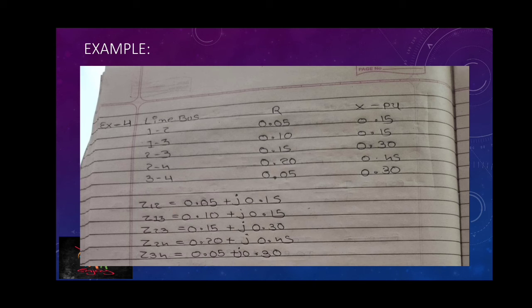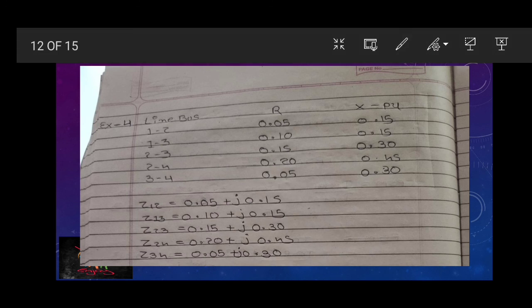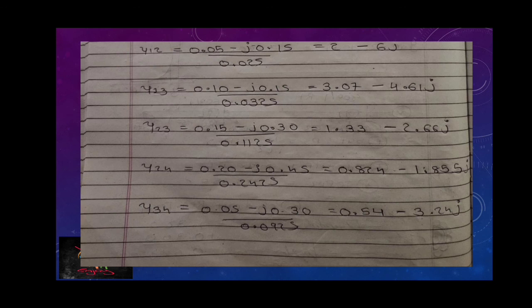R is equal to 0.05, 0.10, 0.15, 0.20, 0.05 and X is equal to 0.15, 0.15, 0.30, 0.45 and 0.30. Okay, so these are the terms of Z bus. You can write it as Z is equal to R plus jX. This is a normal thing you have.